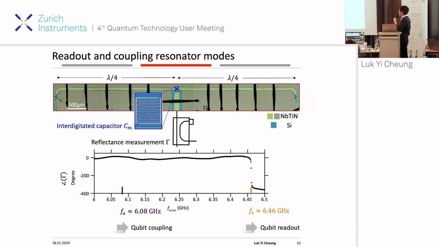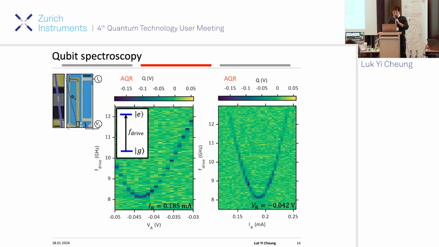Okay, good. Then the cavity works. So we also have to first verify that the qubits are also there. So we took the qubit spectroscopy. We took the qubit spectra. I show you here the optical image of the indium arsenide nanowires. There's a gate voltage with which we can tune the transparency, and there's also current to flux bias the loop.